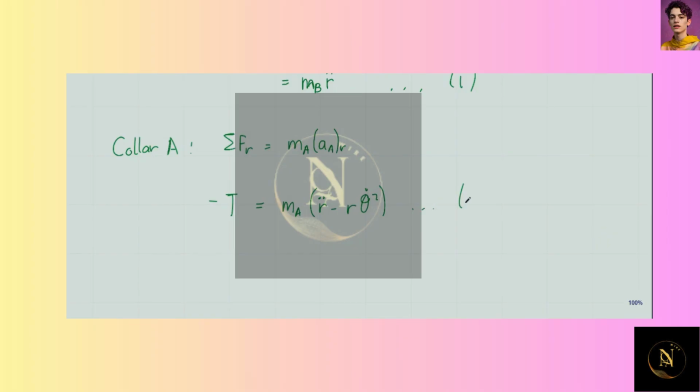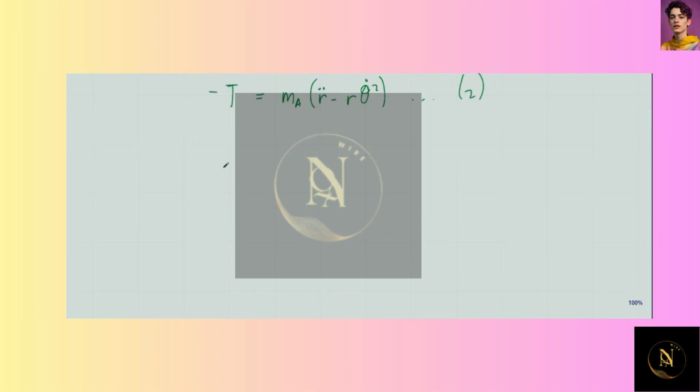And this we'll call equation 2. So if we add equation 1 to equation 2, we can eliminate T. So equation 1 plus equation 2 gives us minus the weight of B, WB, is equal to MA plus MB times R double dot, d2r dt squared, plus MA R d theta dt squared, or theta dot squared.